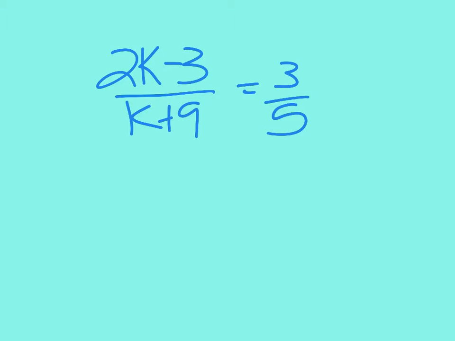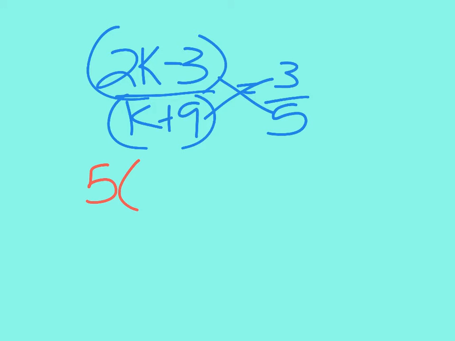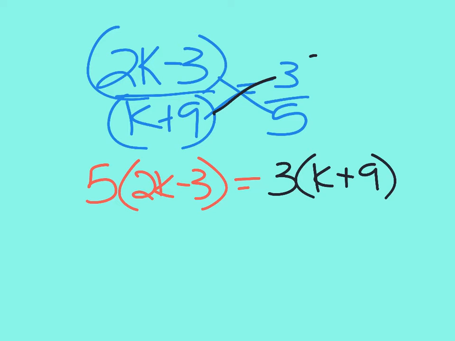We're going to have to distribute the 3 with this sum of and the 5 with this difference of. So we're going to say 5 times 2k minus 3 equals 3 times k plus 9.